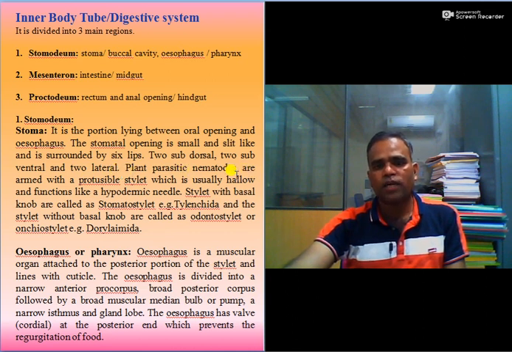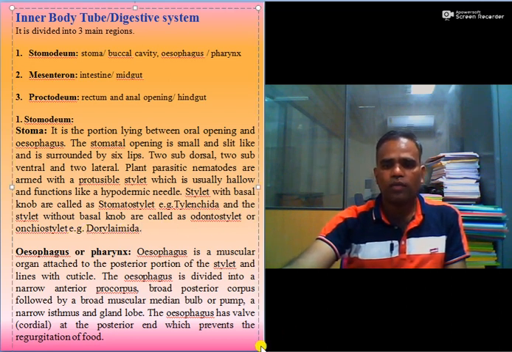Plant parasitic nematodes are armed with a protrusible stylet, which is usually hollow and functions like a hypodermic needle. A stylet with basal knobs is called a stomatostylet, which is present in Tylenchida, and a stylet without basal knobs is called an odontostylet or onchostylet, which is present in Dorylaimida.